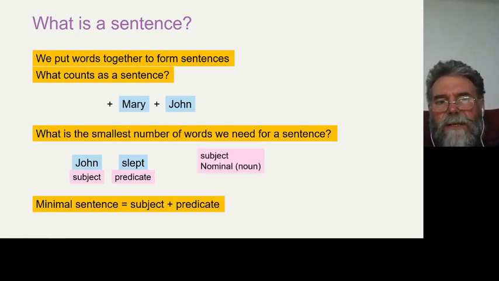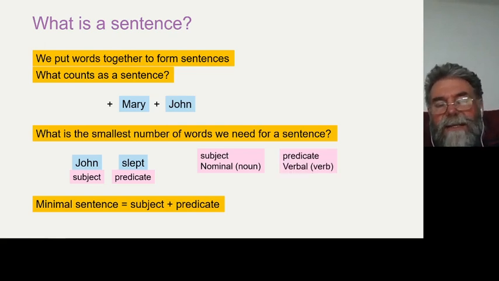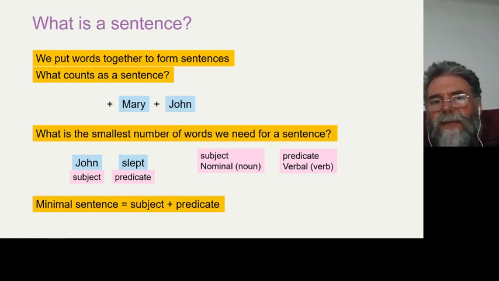Now the subject is typically a nominal element. That means it's something to do with a noun, and the predicate, on the other hand, tends to be a verbal thing. It's something to do with a verb. So clearly, the category of an element here determines where in the sentence we can put it.